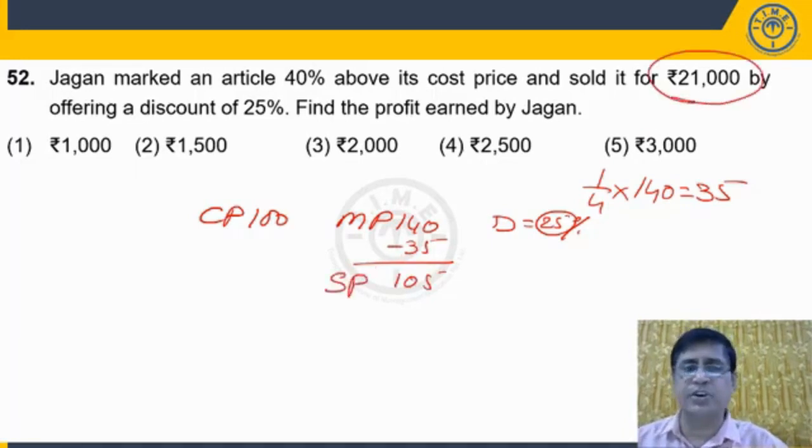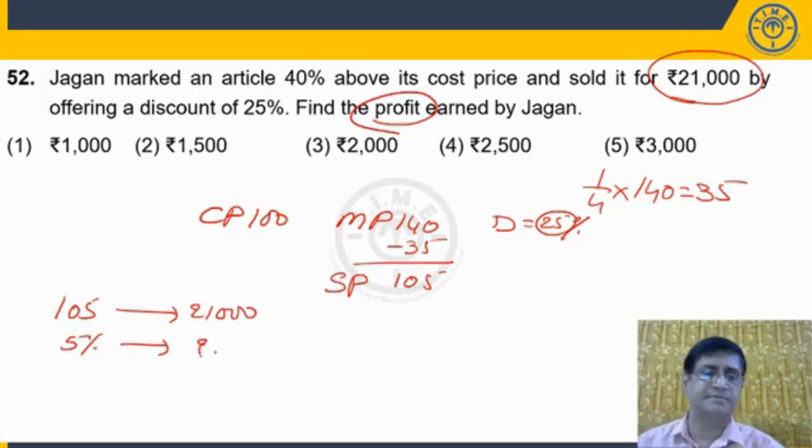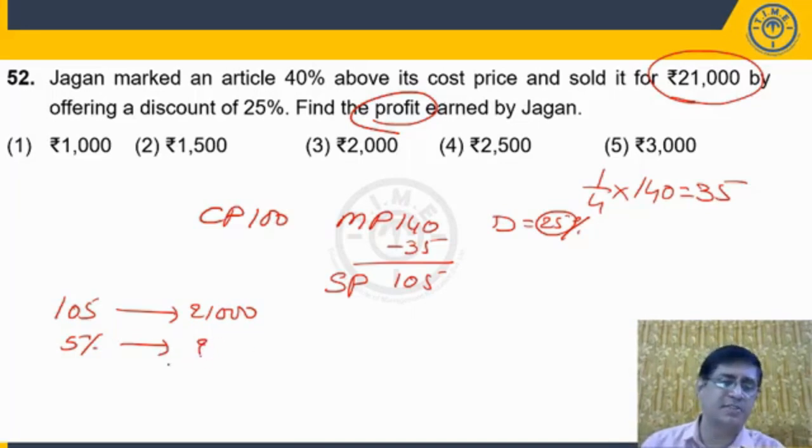The article was sold at 2,100 rupees. So 105% of the value is equal to 2,100. He is asking to find the profit. Profit is 5%, so 5% is equal to a question mark. Now simplify this.